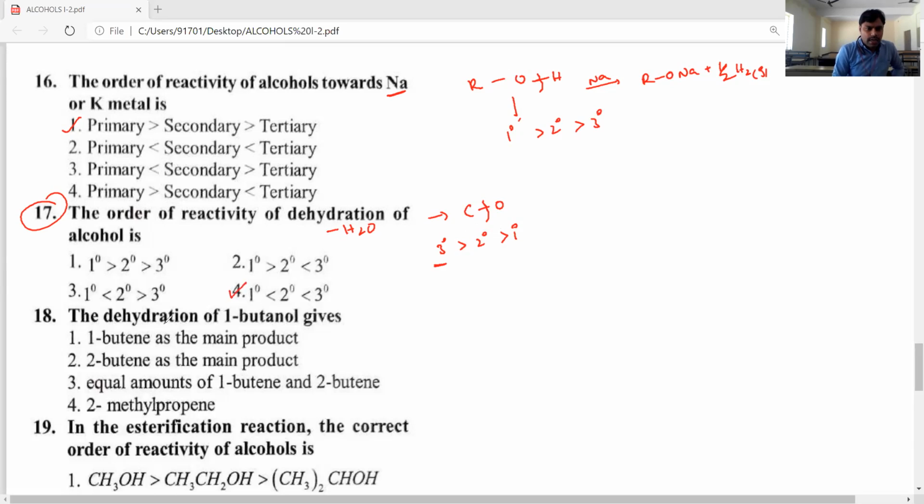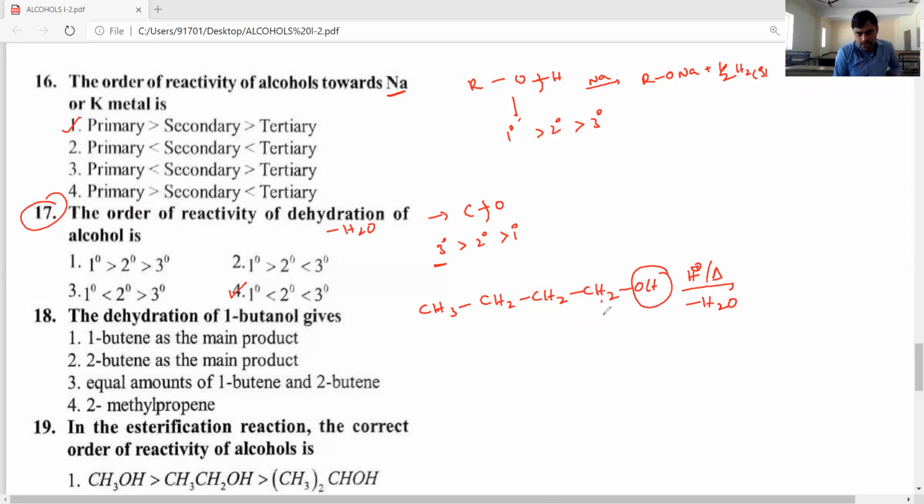Now the dehydration of butan-1-ol gives the major product. Okay, let's see: CH3-CH2-CH2-CH2OH on heating in acidic medium, with loss of a water molecule, produces two products.